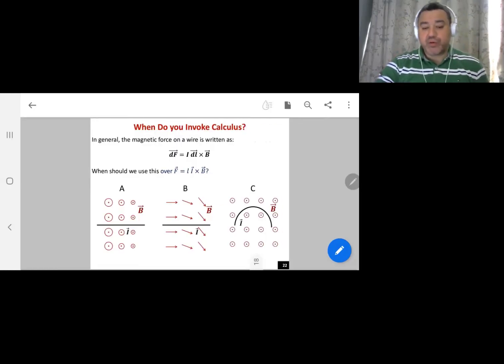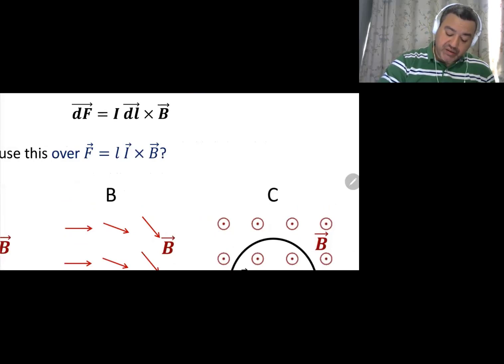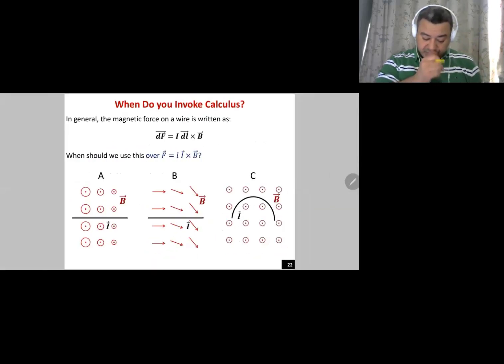Okay, so today we will continue looking at the general case where the magnetic field is either non-uniform or the direction of the current is non-straight.